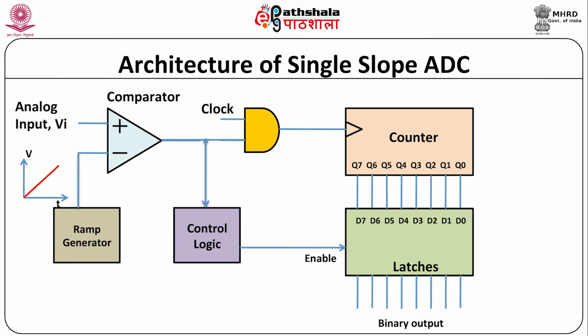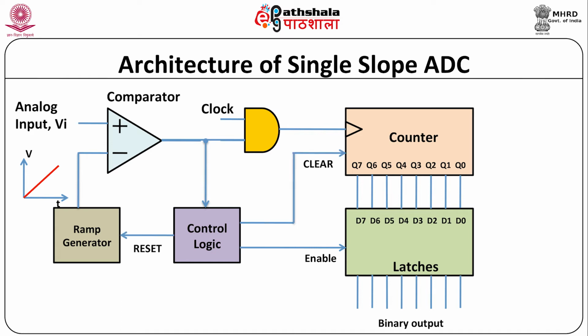These outputs are connected to the D inputs of the latches. The latch can store the count only when the control logic generates the enable signal. The final digital value corresponding to the analog input is taken from the output of the latches.